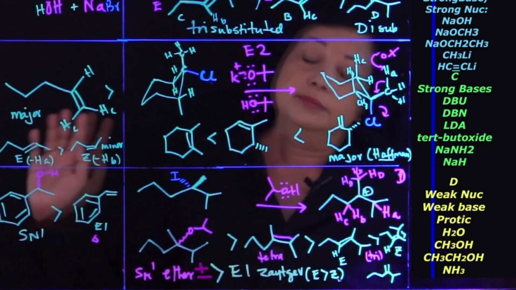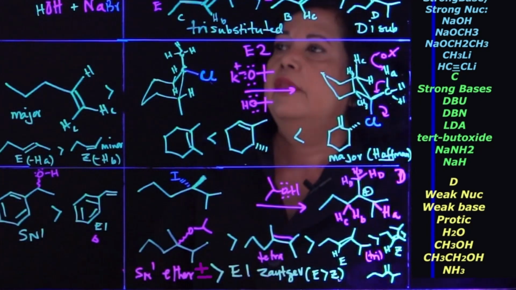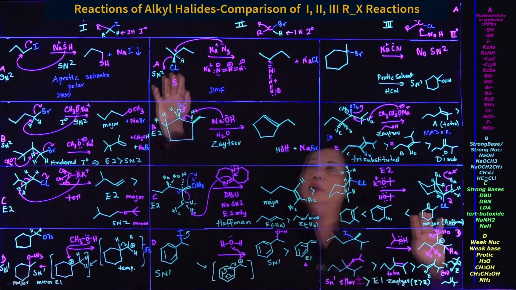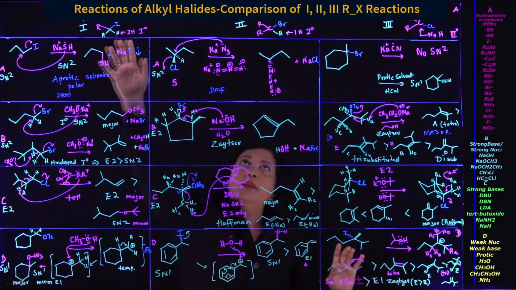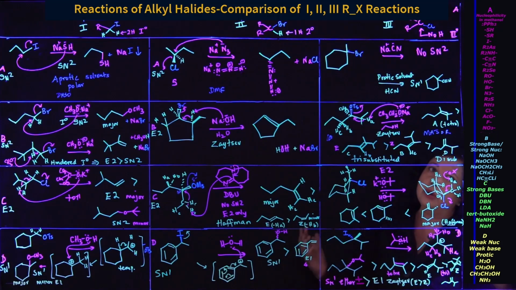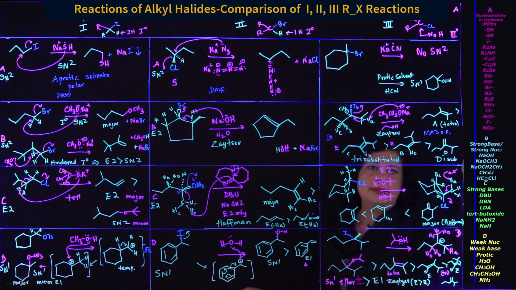All right, so in conclusion, you can see that you can get all kinds of reactions. It depends on whether your substrate is primary, secondary, or tertiary. And it depends whether your reagent is a strong nucleophile, strong base, huge base, or a weak base and weak nucleophile.